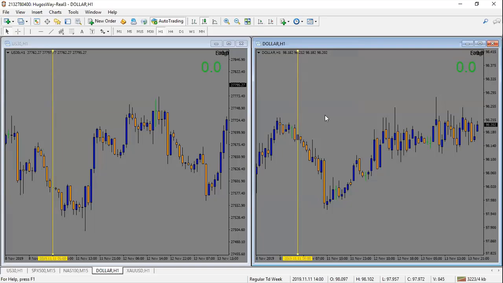US30 moves with the dollar index, which makes sense because US30 is a US stock index, right? It measures the US economy. Because if the 30 top companies in the United States are doing bad, then guess what? The US economy is doing bad.